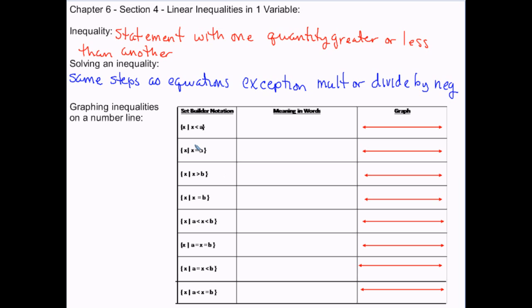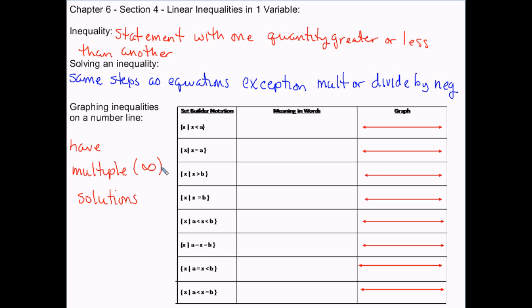Inequalities also have multiple solutions. Actually, infinite solutions. So like if I say x is greater than 3, x can be 3.1, 5, 276, 50 million, right?